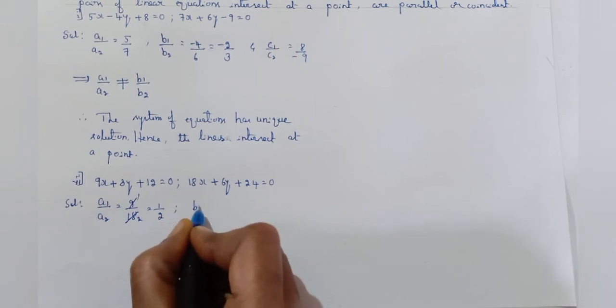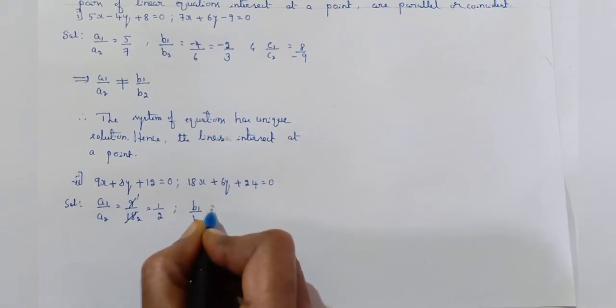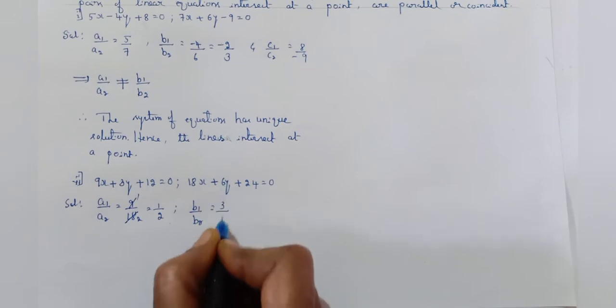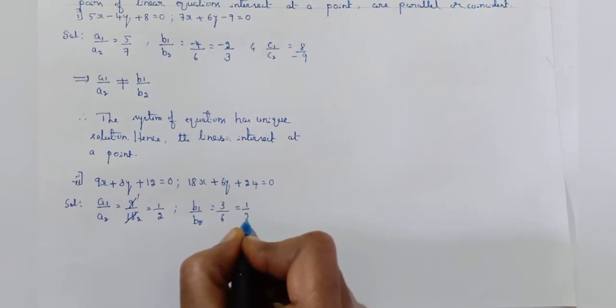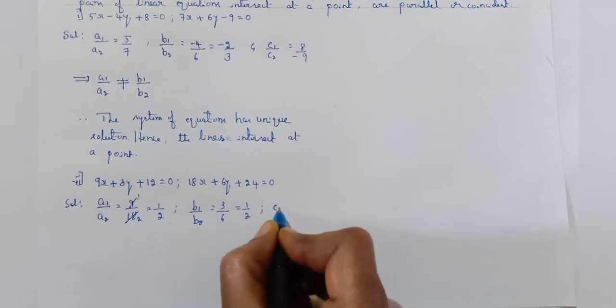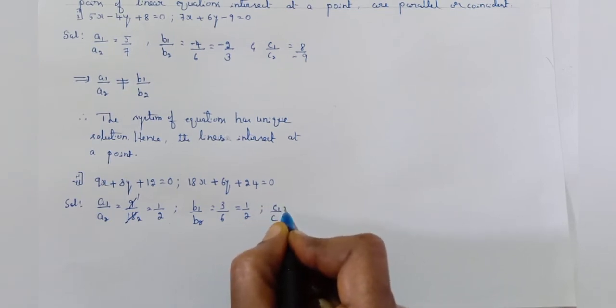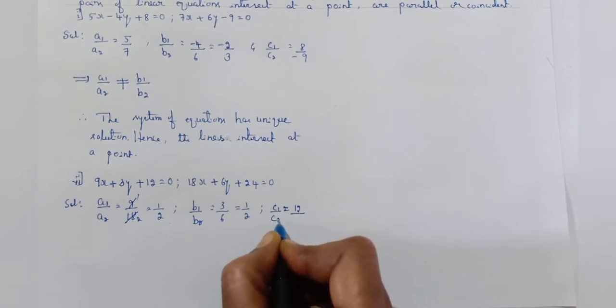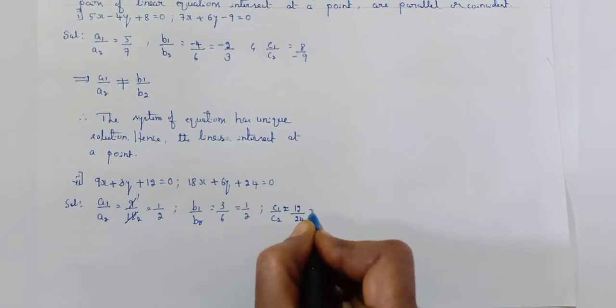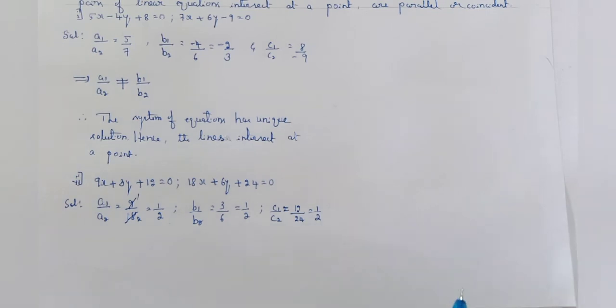And next B1 by B2. B1 is 3 and B2 is 6. So 3 by 6 is equal to 1 by 2. And C1 by C2. C1 is 12 and C2 is 24. So 12 by 24 is equal to 1 by 2.